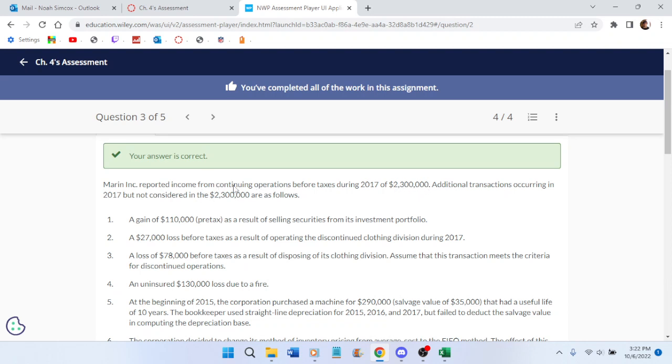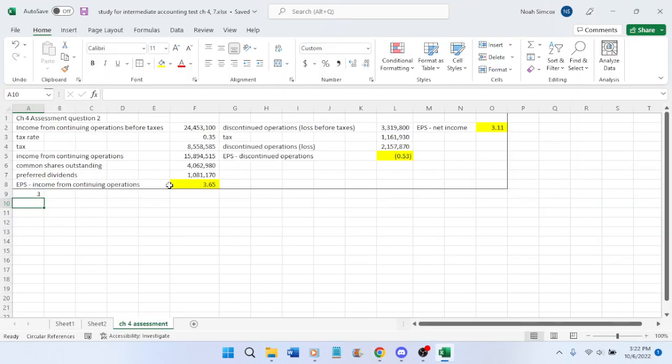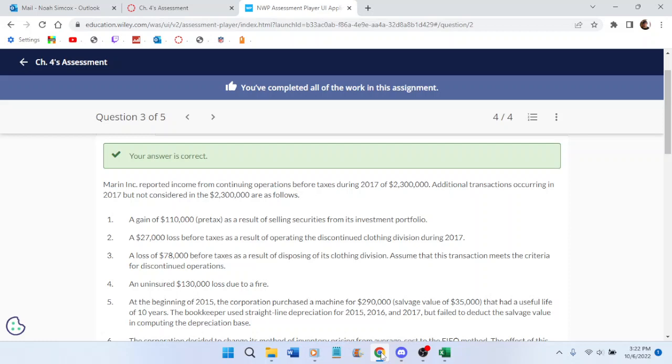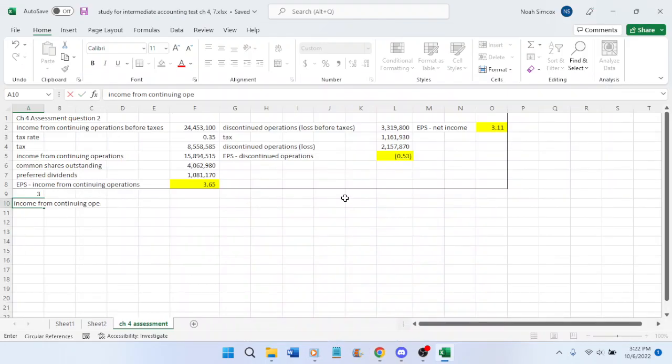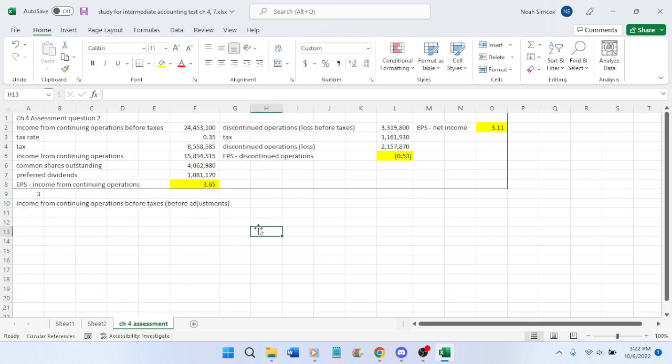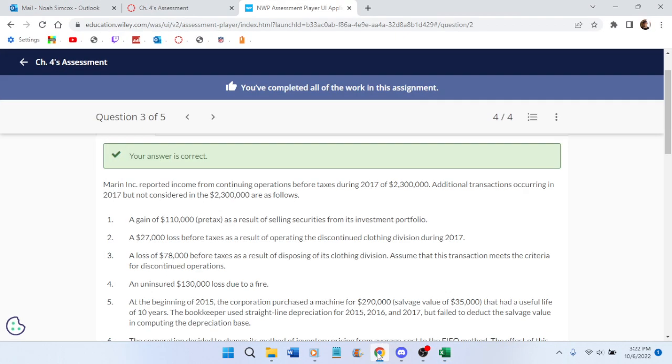Okay, income from continuing operations before taxes, before adjustments. $2,300,000.